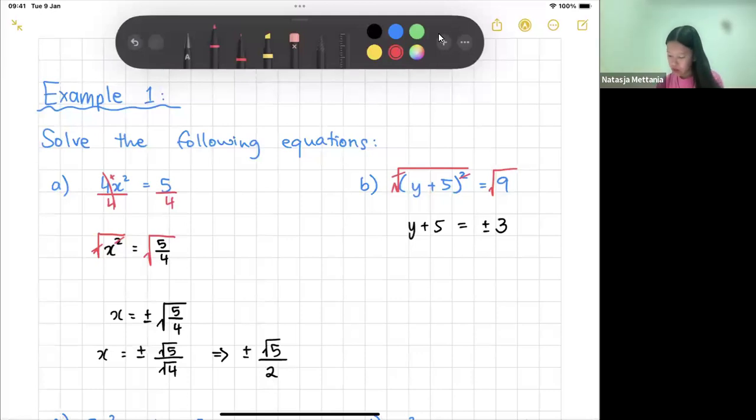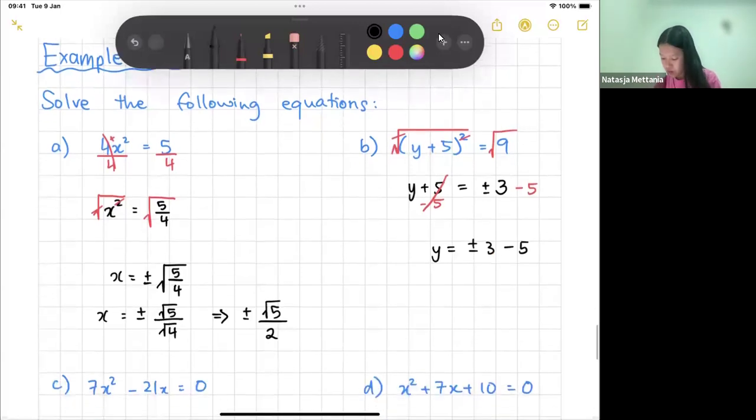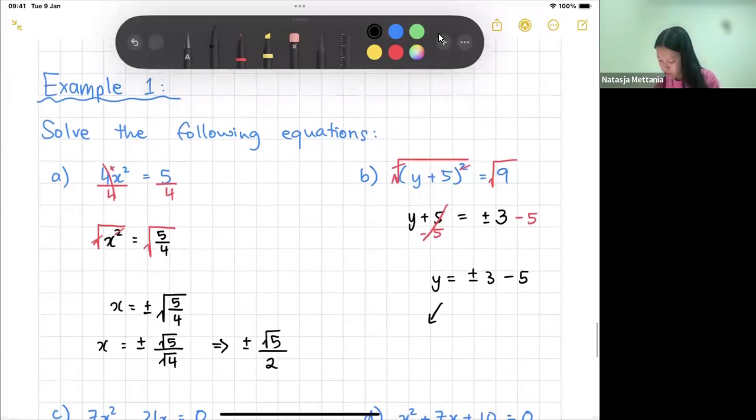Okay. Now I want y equal to, so I need to get rid of this 5. So I'll subtract 5 from it on both sides. I'm left with y equal to plus minus 3 minus 5. Now that plus minus means I have two solutions. So my two solutions can be y equal to 3 minus 5 or -3 minus 5.